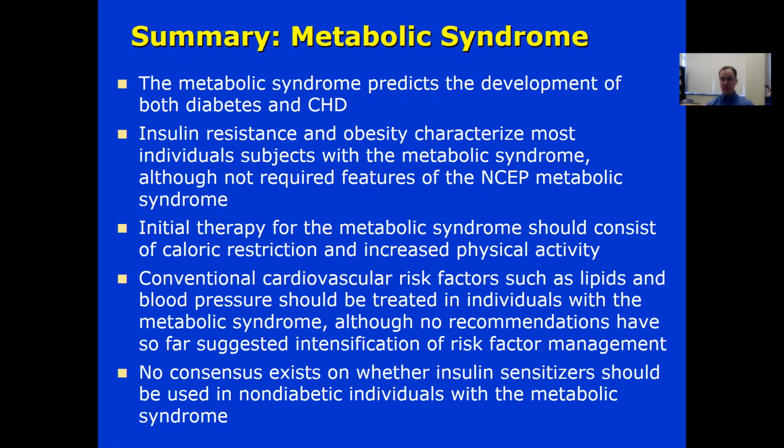Initial therapy should consist of proper diet and increased physical activity. Some conventional cardiovascular risk factors such as lipids and blood pressure should be treated in individuals with metabolic syndrome. Finally, there really is no consensus on whether insulin sensitizers should be used in non-diabetic individuals with metabolic syndrome, but at the very least, what is important is focusing on diet and exercise to help reduce the effects of the metabolic syndrome.